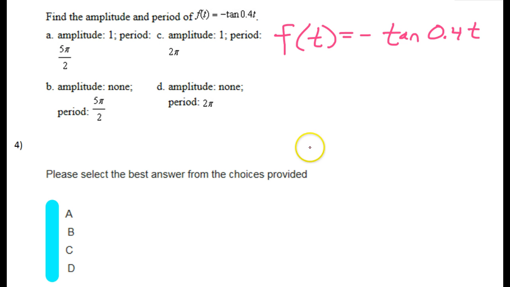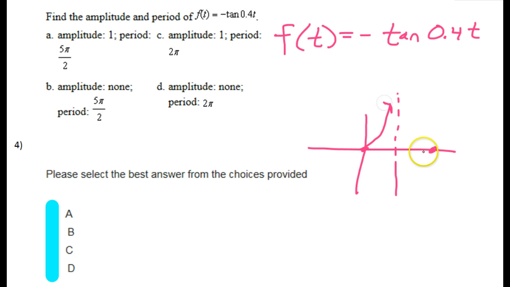However, the way the tangent function works, the tangent function has asymptotes, and it approaches those asymptotes on either side. So it rises and falls forever.